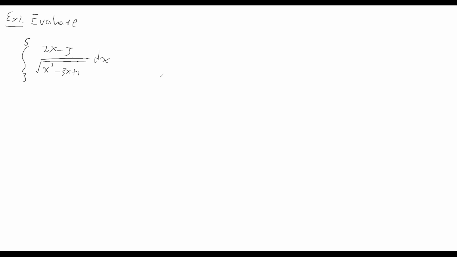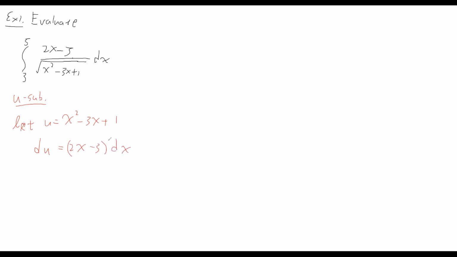In cases like this, you can use u substitution. Let u be the polynomial that's within the radical, x squared minus 3x plus 1. Then we find du is going to be 2x minus 3 dx.